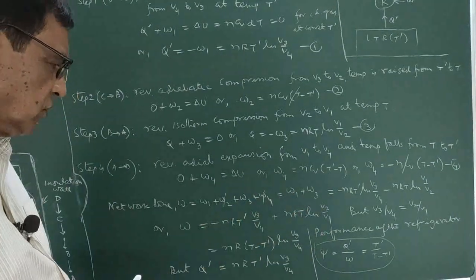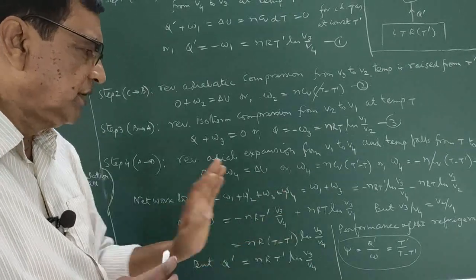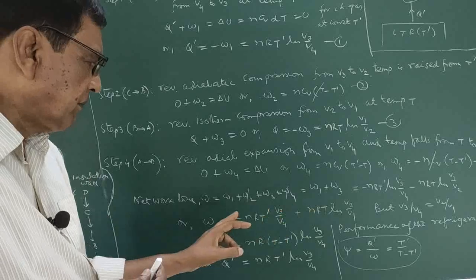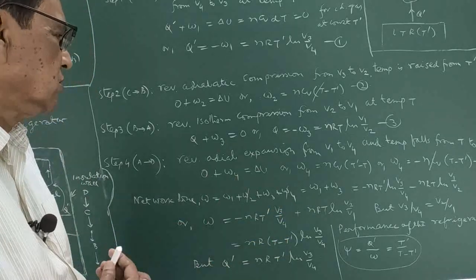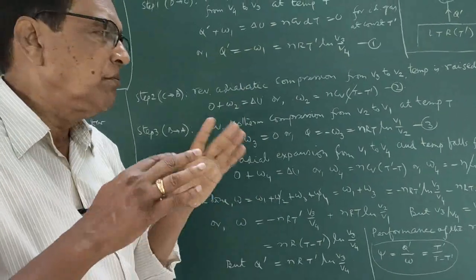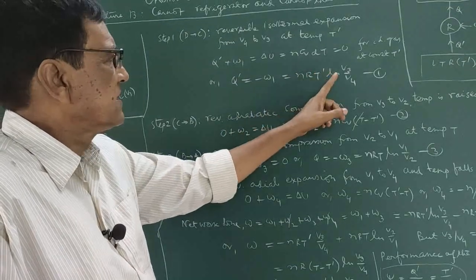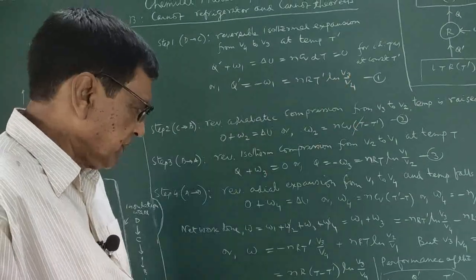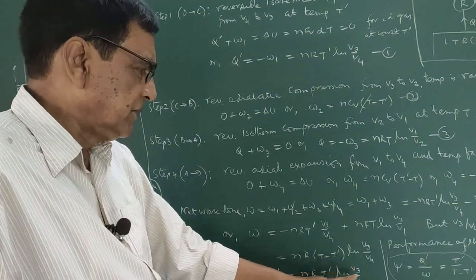So taking this common, nR will get common, ln V3 by V4 will get common, and T minus T dash. And Q dash, which is the heat taken by this refrigerator from this LTR, is equal to nRT dash ln V3 by V4.